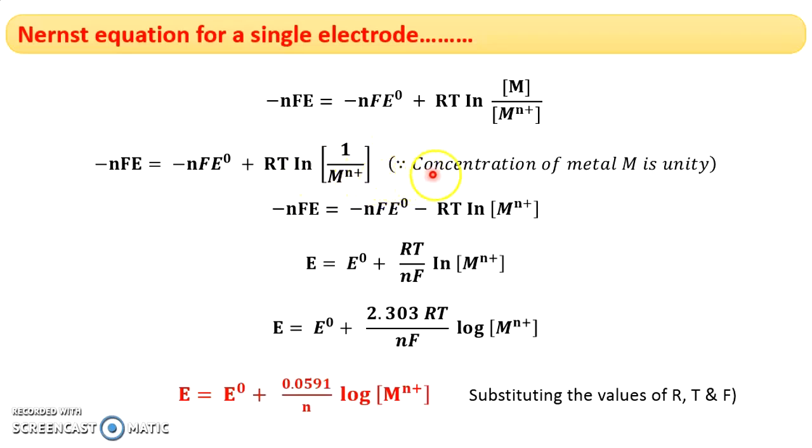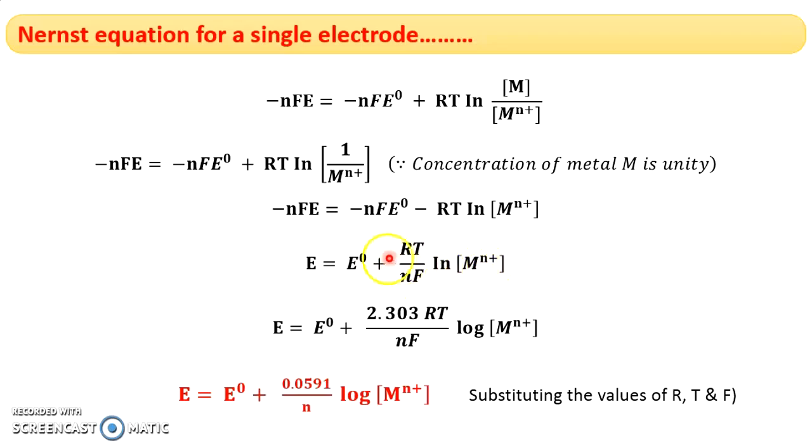This is because the concentration of the metal M is always taken as unity. This is further simplified as minus nFE is equal to minus nFE naught minus RT natural log M^n+, and upon simplification, dividing both sides by minus nF, we get E is equal to E naught plus RT by nF natural log M^n+.